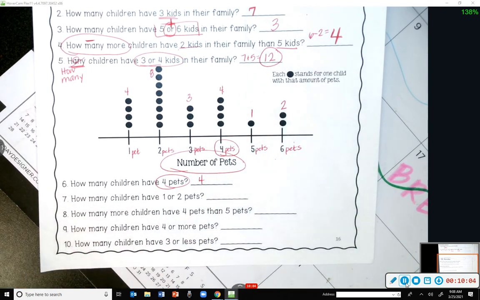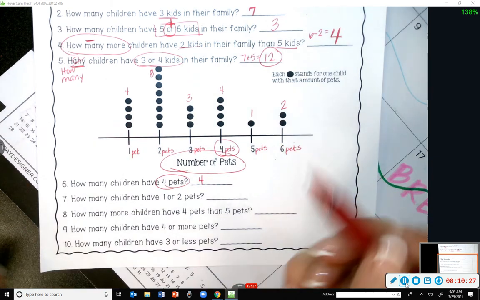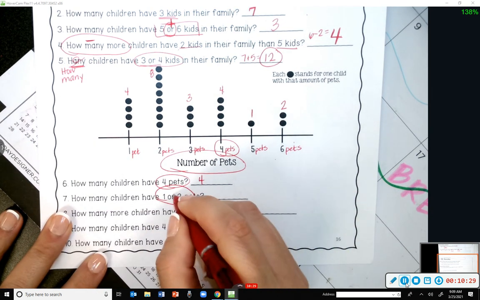Okay, number 7. How many children have 1 or 2 pets? So what do we do on that one, Javea? What do you think? It says we need to count 1 and 2, okay? So when it says 1 or 2, we have to count both.